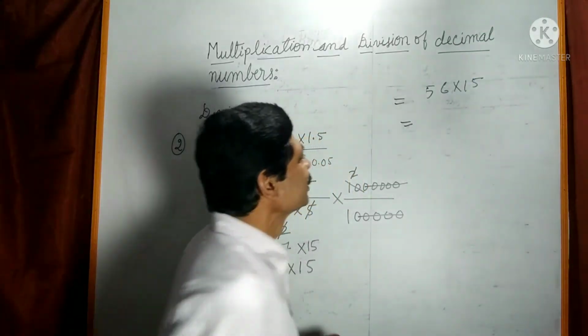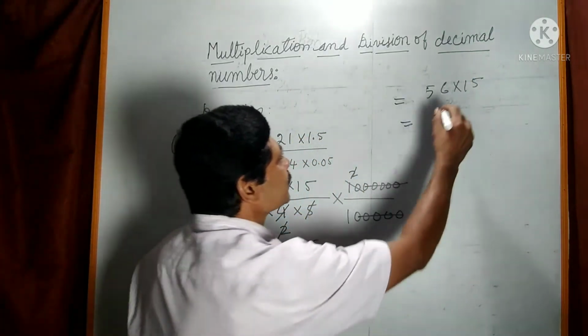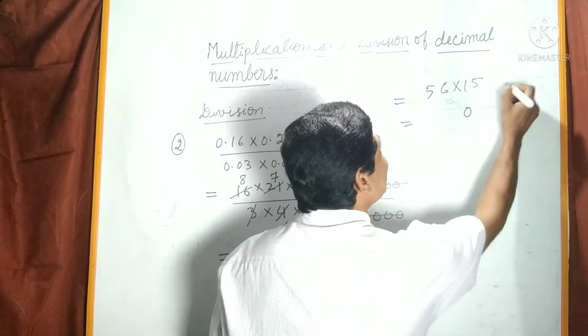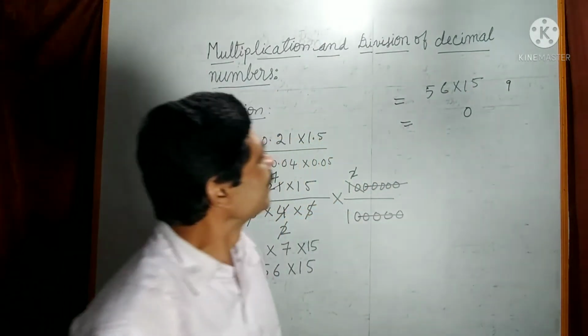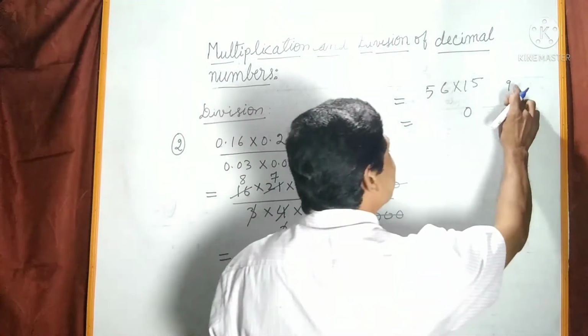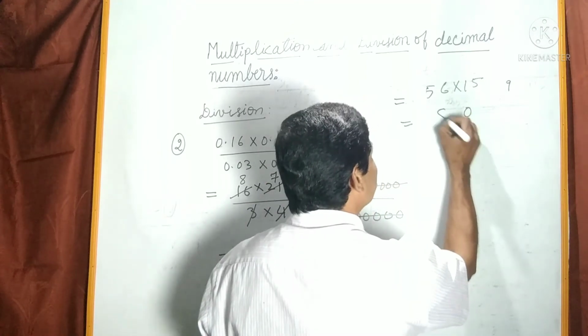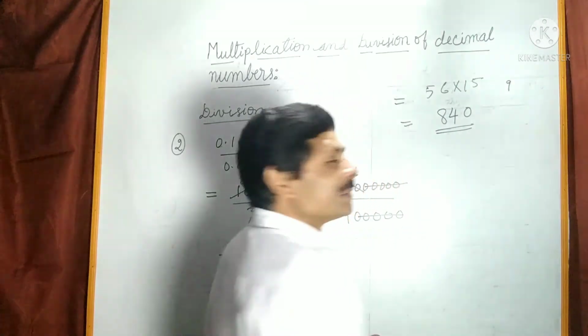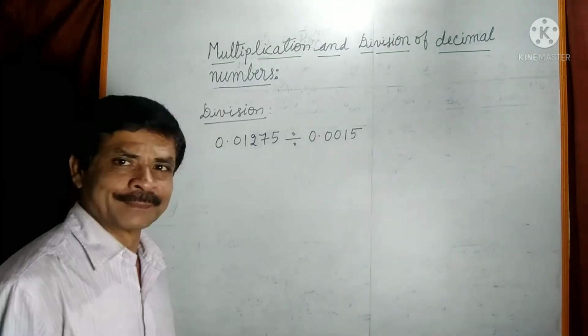This is equal to 15 6s are 90. We will carry 9. 15 5s are 75 plus 9, 84. And this is your answer.